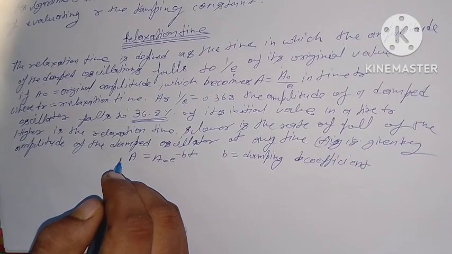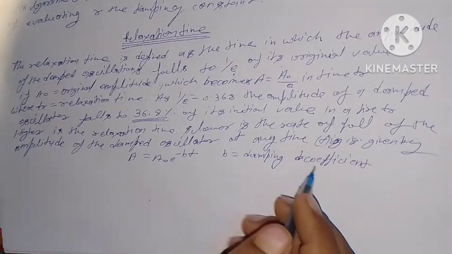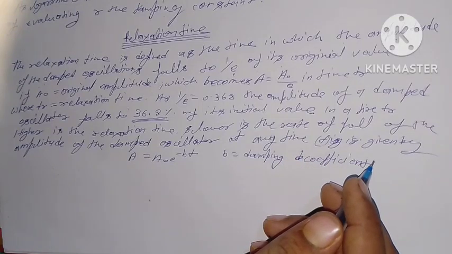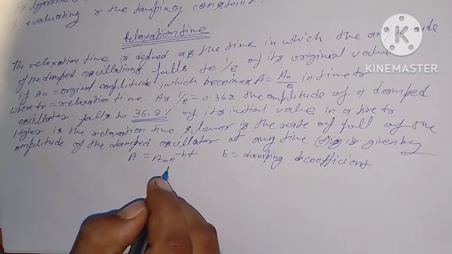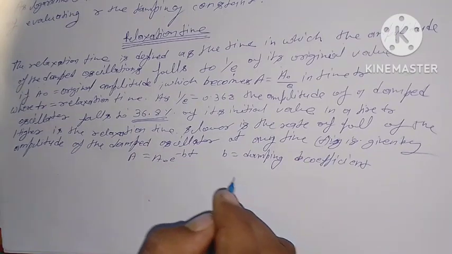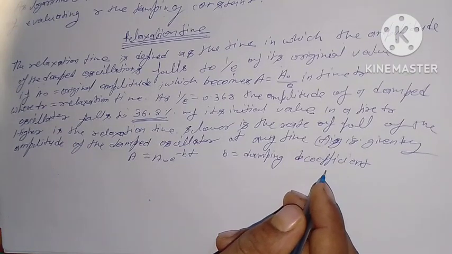The amplitude at any time t is given by a equal to a naught e to the power minus bt, where b is the damping coefficient.